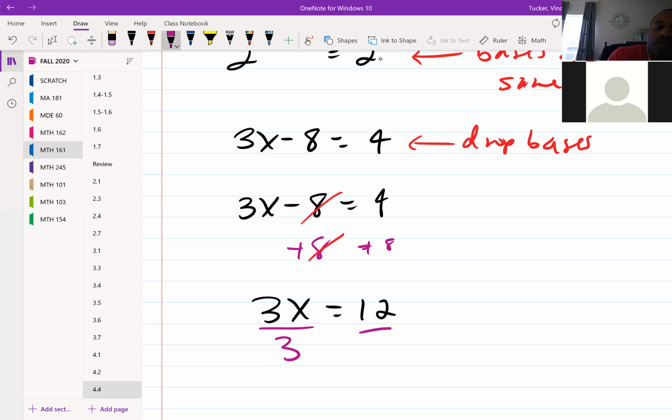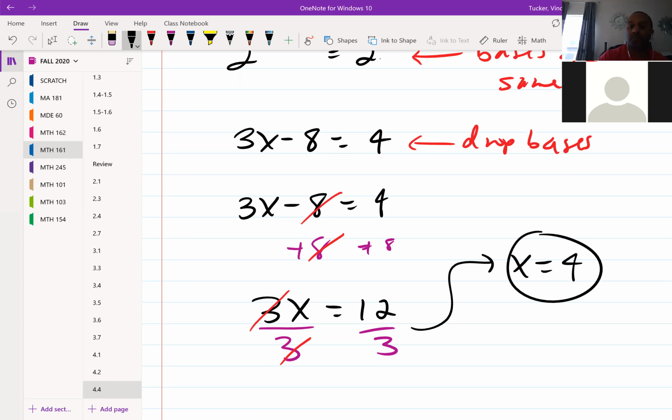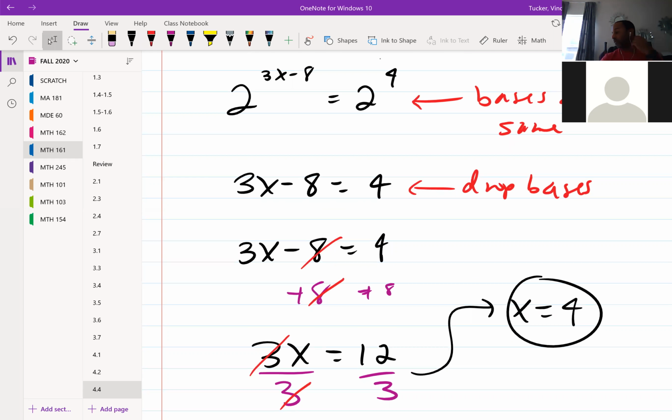Now divide by 3. X is equal to 4. All right, questions on that first one?